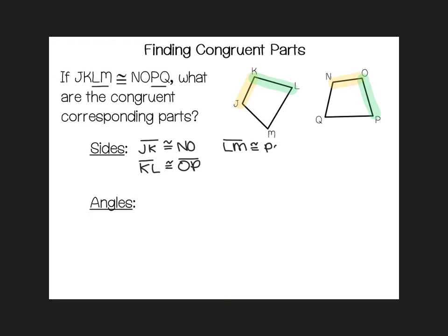So again, I'm just going through my congruency statement and I am going in the corresponding orders. And last set of congruent sides would be MJ and then QN.